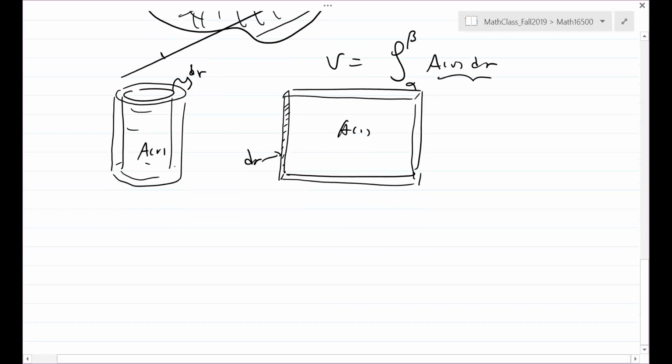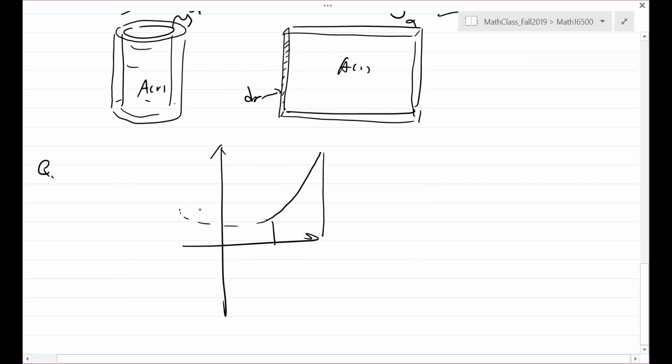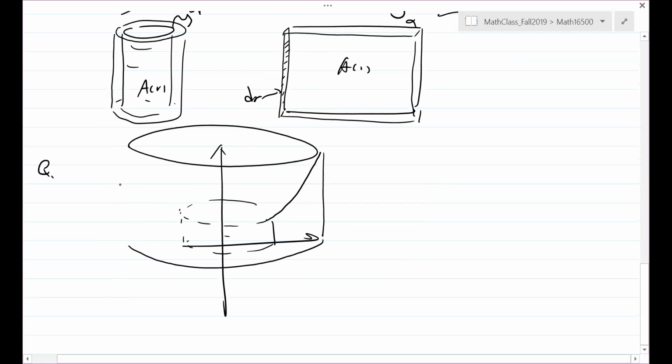All right, now I'm going to cut using this to do the problem. So let's go back. Here's a picture, and this is a parabola. This is a solid.